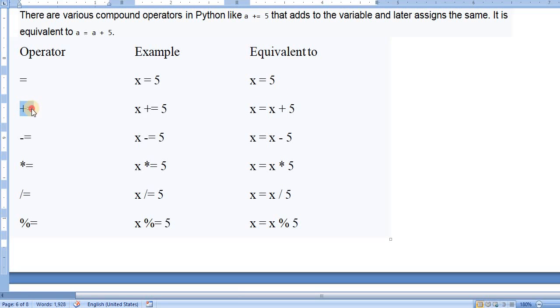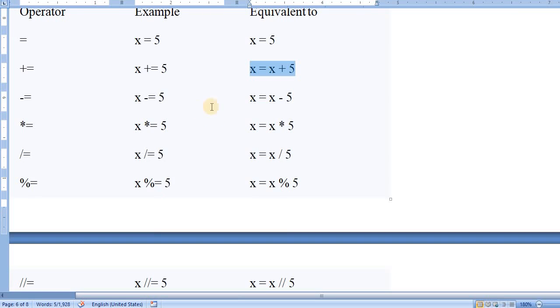We can also use this assignment operator if we want to add a value to the same variable. On the left hand side and the right hand side, the same variable is used. So in place of this expression we can use this expression, and both expressions are equivalent.